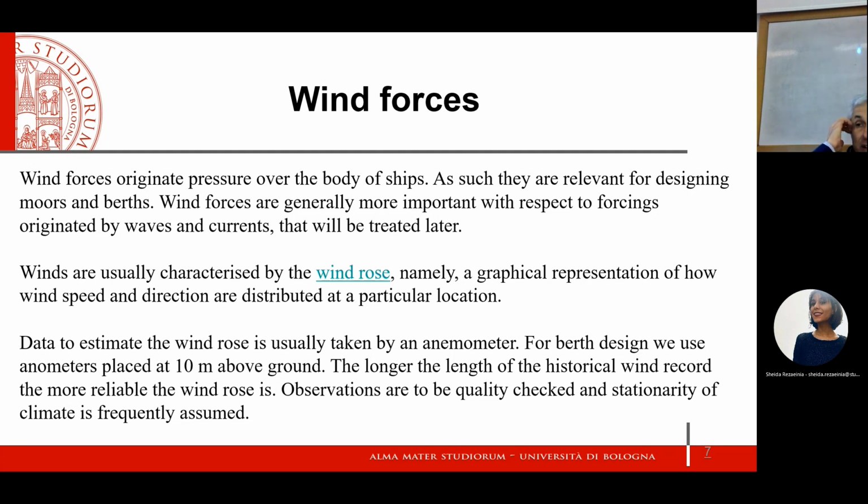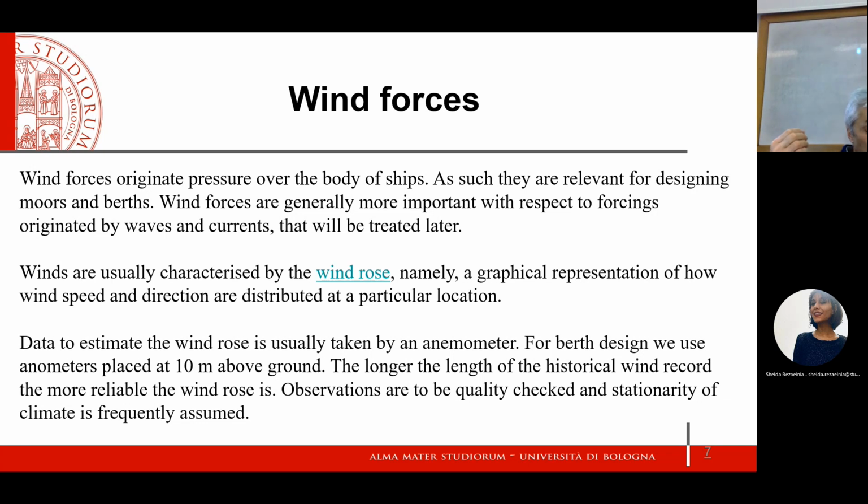And this is why very often we see anemometers in the ports, in the harbors. We see anemometers for the very reason that we need to assimilate data continuously. Also, the anemometer serves as an alarm, as a monitoring system in real time. But the data are not only used in real time, they are also used offline to continuously update our knowledge about winds.